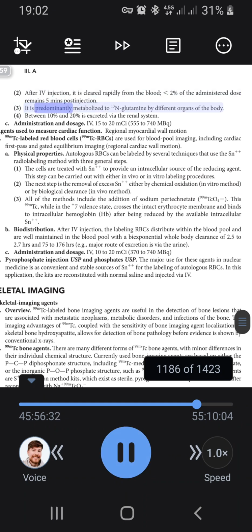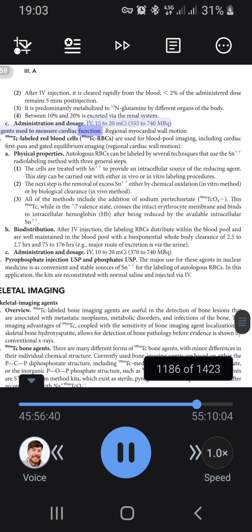It is predominantly metabolized to N-13 glutamine by different organs of the body. 4. Between 10% and 20% is excreted via the renal system. C. Administration and dosage. IV, 15 to 20 mCi, 555 to 740 MBq.